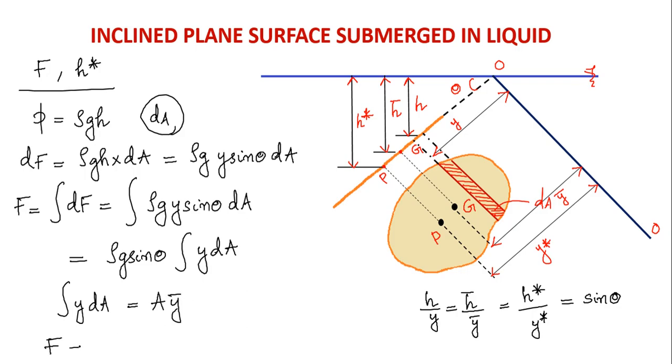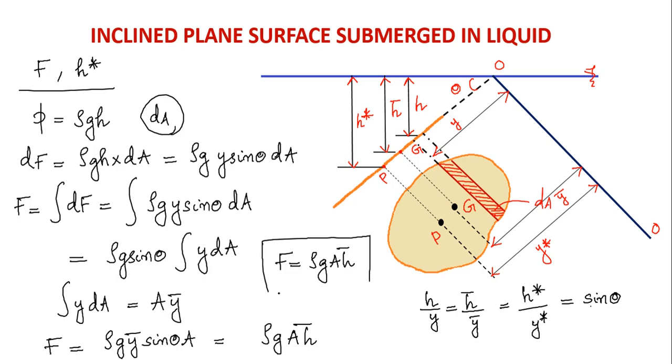Our expression will be F is equal to rho g y bar sine theta into A. And we know that y bar sine theta is equal to h bar. So we get F is equal to rho g A h bar.